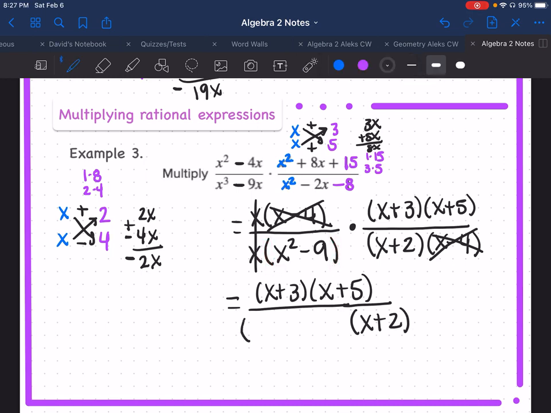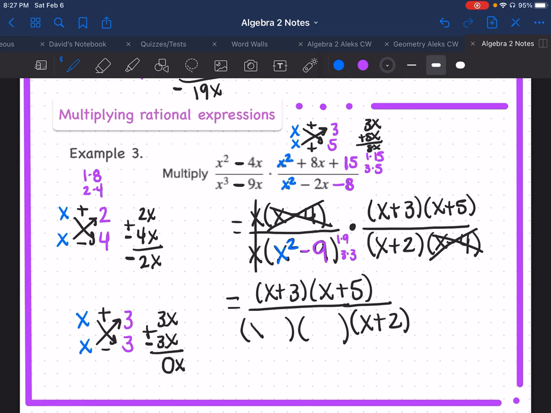So I already know that it is going to factor. x squared I can think of as x times x, and negative 9, I'm going to think of as 1 times 9 or 3 times 3. Since I want 0x, I'm going to use 3 times 3, and I'm going to multiply crisscross. I can add these together and make them be 0x if one is negative. So I have a positive and a negative: x plus 3, x minus 3.